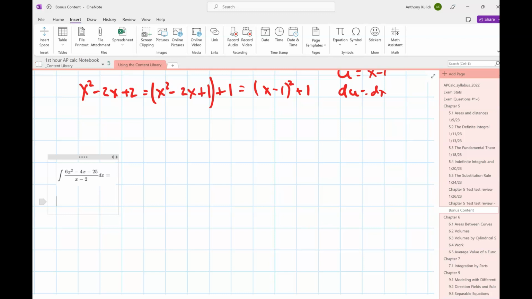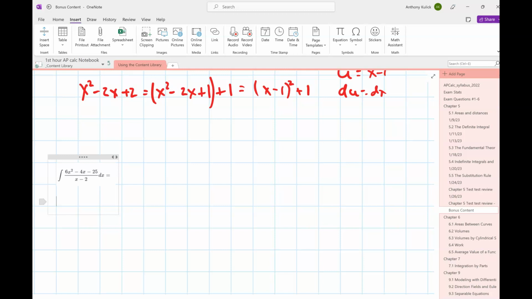As it's currently written, can you do anything with this? No, right? Because you have the quotient of two functions. We don't know how to integrate the quotient of two functions.